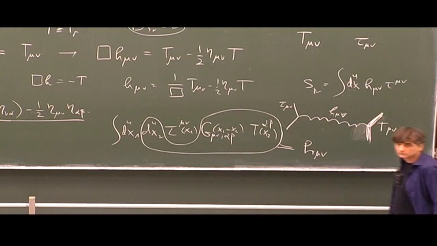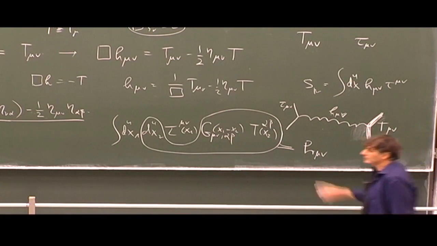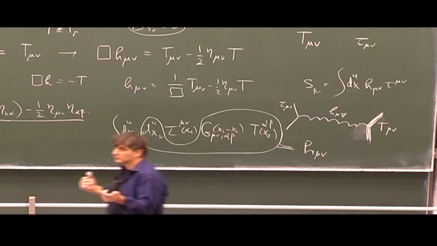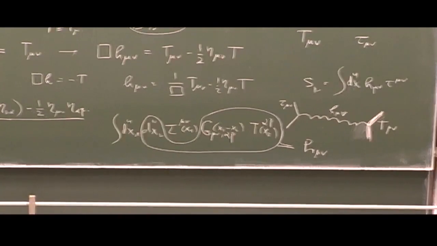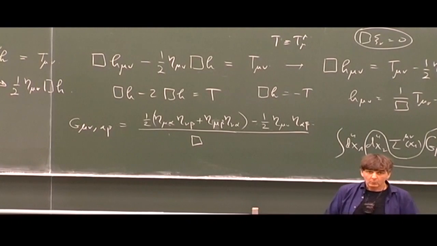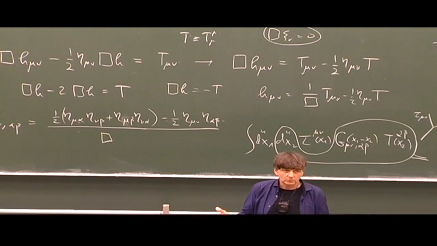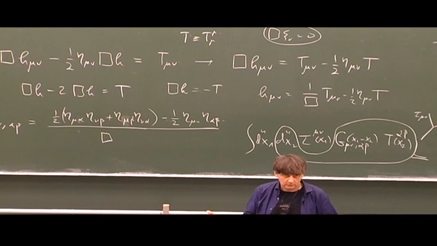Okay, so this makes the first contact between the classical theory of linearized gravity and one particle exchange amplitude by a massless spin 2 quantum particle.